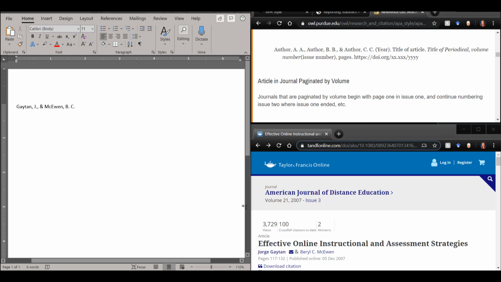The second author includes her middle initial, so we're going to use both her first and middle initial in the citation. Then, in parentheses, we'll need the year the article was published, followed by a period. Next, we'll need the title, and as I said before, use sentence case capitalization. So I'm only going to capitalize effect.